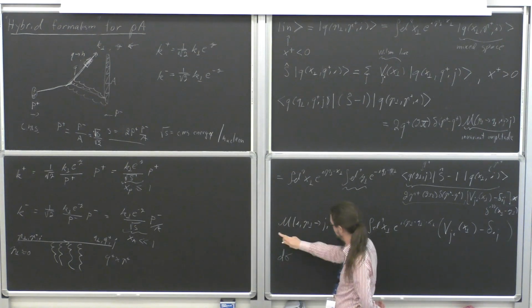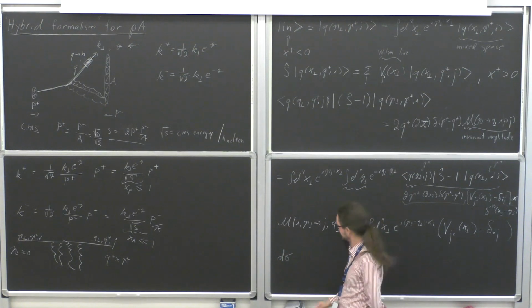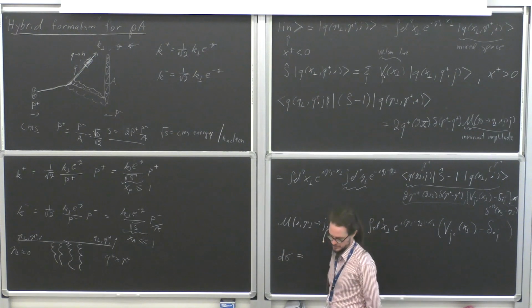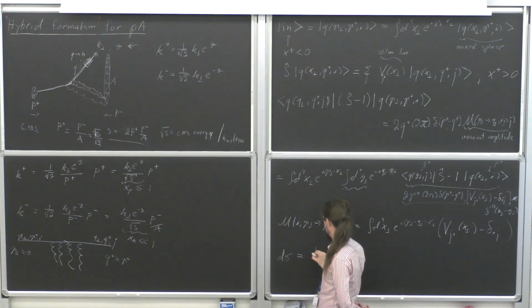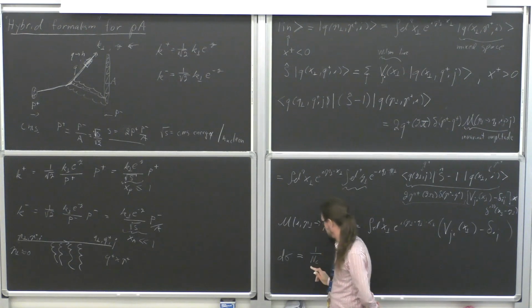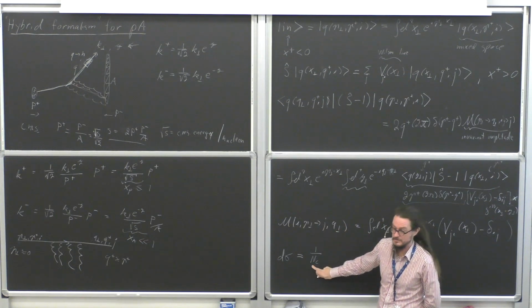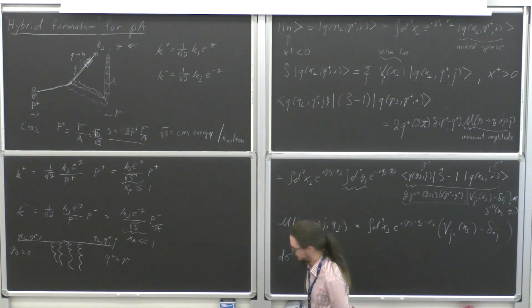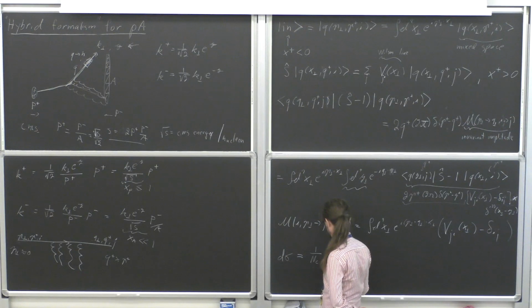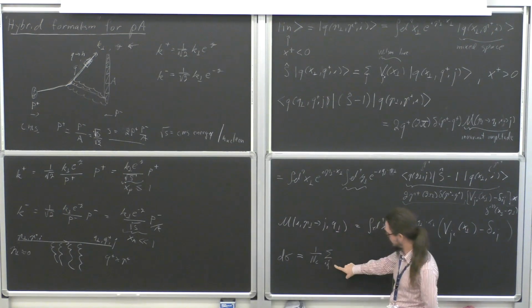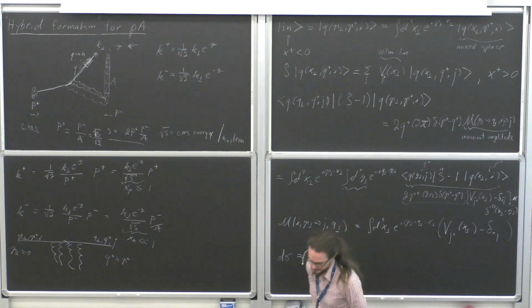And in the end, the result of this exercise is that you get the cross section, which is, I'm averaging over incoming colors, 1 over NC, right? Usual cross section thing. Then I sum over incoming and outgoing colors.